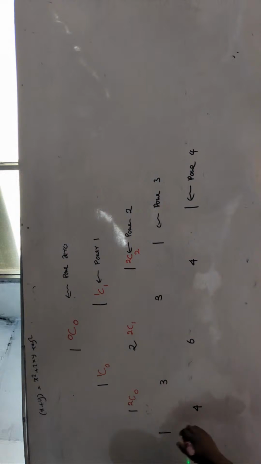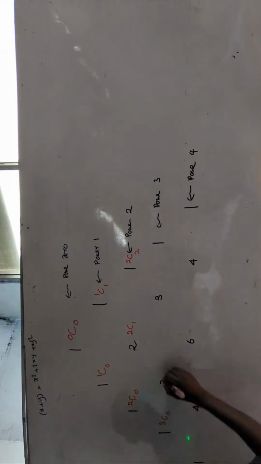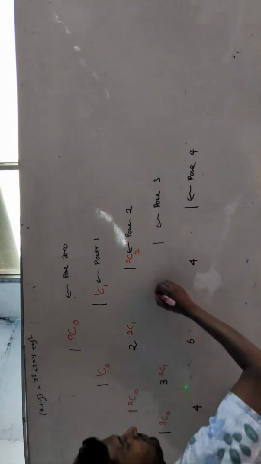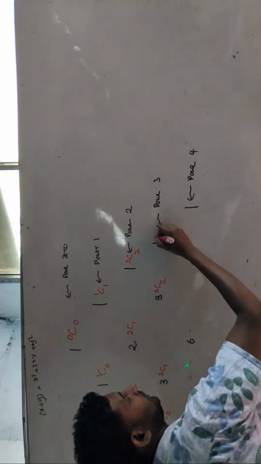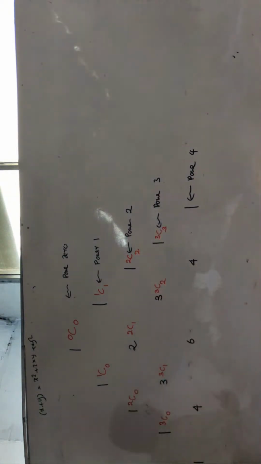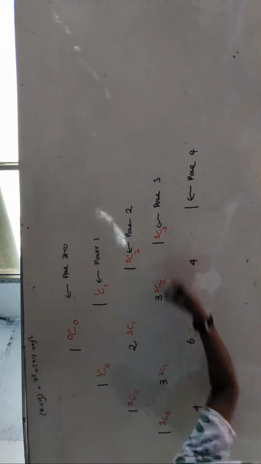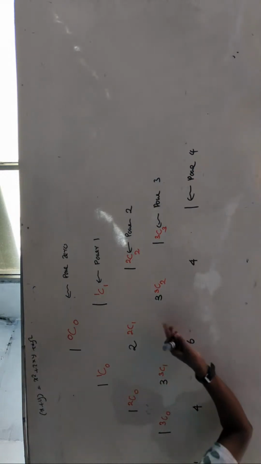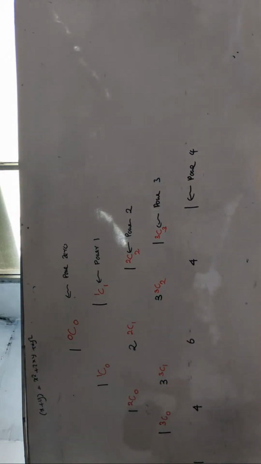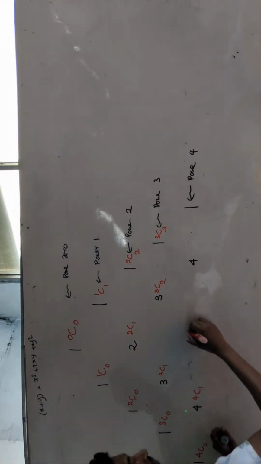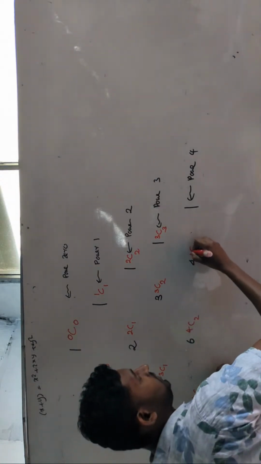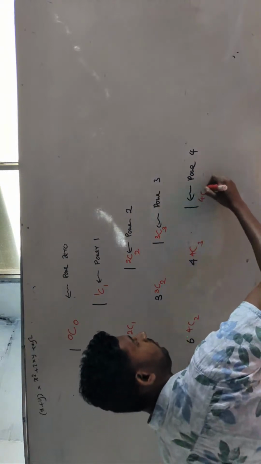Here, 3C0, 3C1, 3C2, 3C3. Again, you can see both ends are equal to 1. 3C1 is 3. What about 3C2? 3C2 is equal to 3C1, so that is equal to 3. Then 4C0, 4C1, 4C2, 4C3, and finally 4C4.